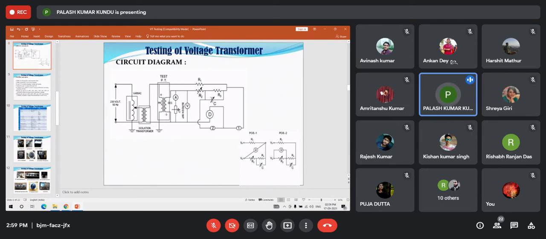For the second condition, what will happen? We have to initialize to the same condition as before. So the primary voltage should be used at the rated value, that is 100%, that is 100 volt. Now the burden impedance, that is the rheostat, should be varied in such a manner that the secondary current varies in terms of 60%, 80%, up to 120%.